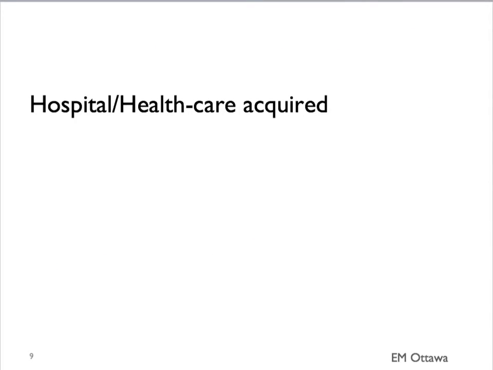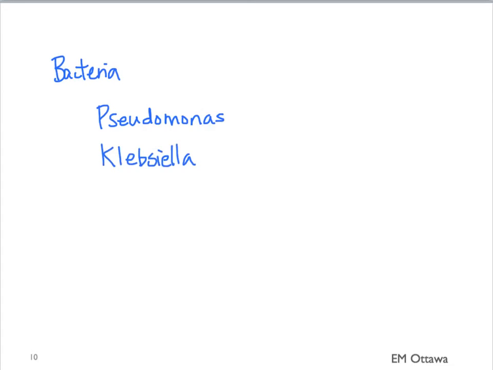Next, we'll talk about hospital and healthcare-acquired pneumonia. It is defined by a pneumonia that occurs more than 48 hours after hospital admission. It is also known as nosocomial pneumonia. The most common cause for nosocomial pneumonia is bacteria. These bacteria include Pseudomonas, Klebsiella, E. coli, Staph aureus, and in particular, methicillin-resistant Staph aureus.